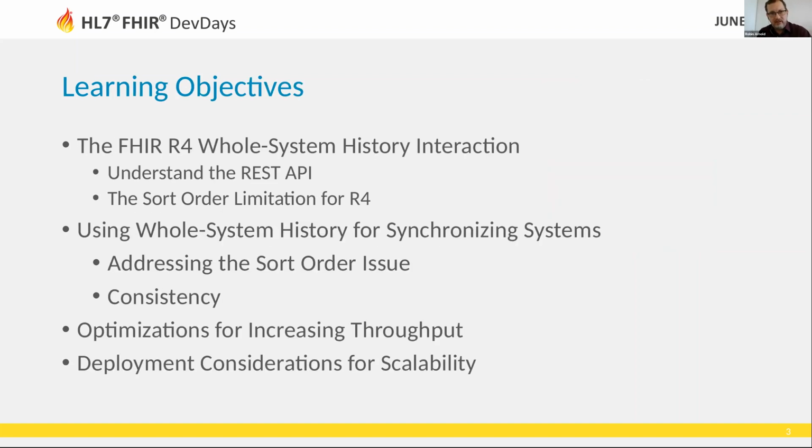So as part of this talk, what I'm going to do is talk about how we can use the whole system history interaction, and particularly how we can use that for synchronizing systems.